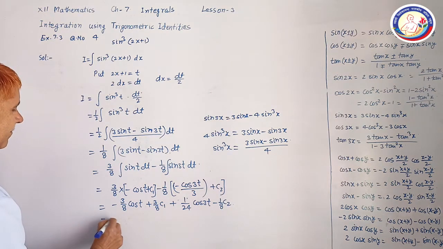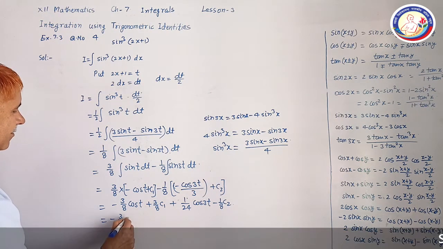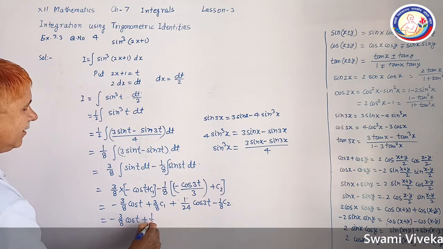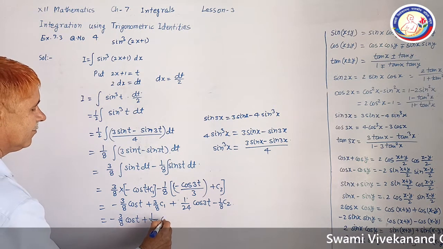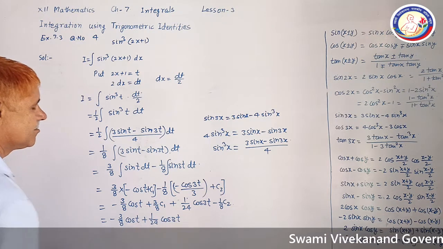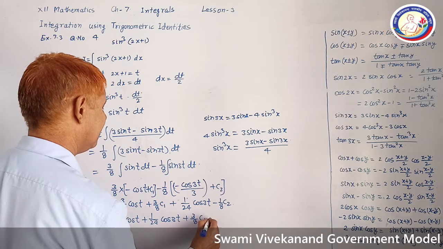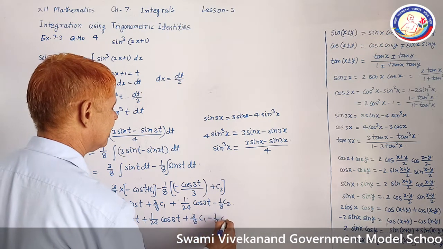Or simply minus 3 by 8 cos t plus 1 by 24 cos 3t plus 3 by 8 c1 minus 1 by 8 c2.